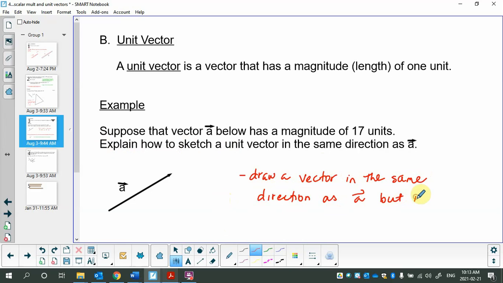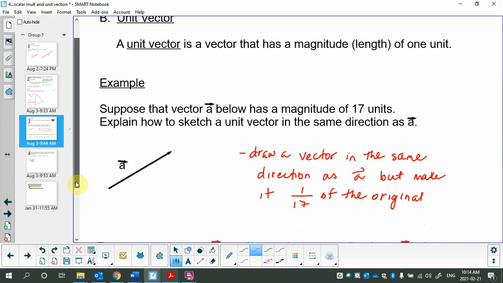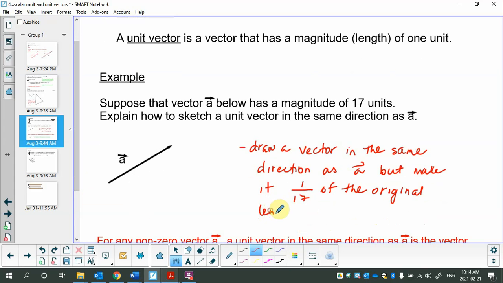But make it 1 over 17, so 1/17 of the original length. So you'd have to split A into 17 little bits and only pick one of them. And that would make a unit vector.